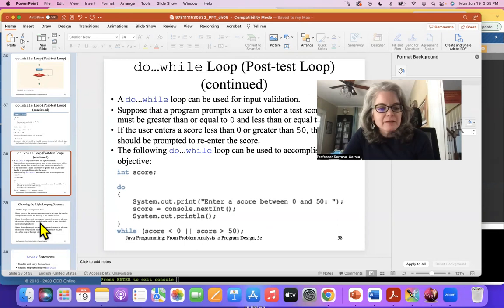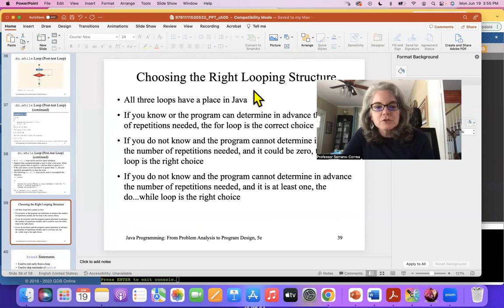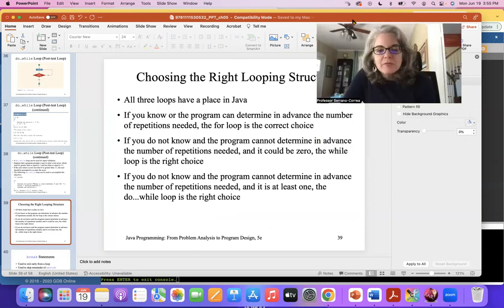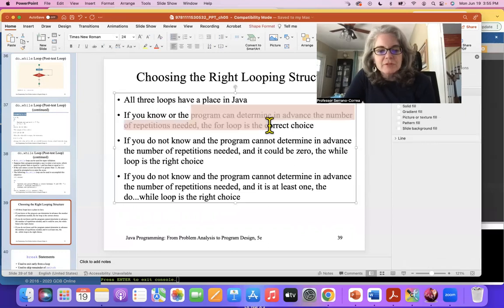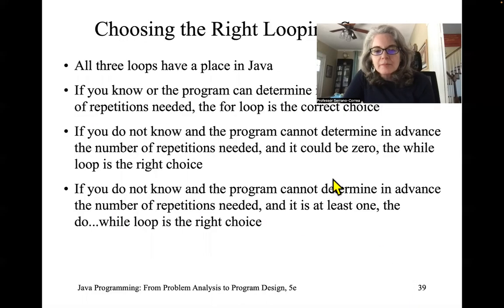And then we can look at how to choose which loop you want. All 3 loops have a place in Java. If you know, or the program can determine in advance, the number of repetitions, remember we're going to use the for loop. If you know you have to iterate 10 times or 20 times, use the for loop. If you do not know, and the program cannot determine in advance the number of repetitions needed, and it could be 0, then the while loop is the right choice.